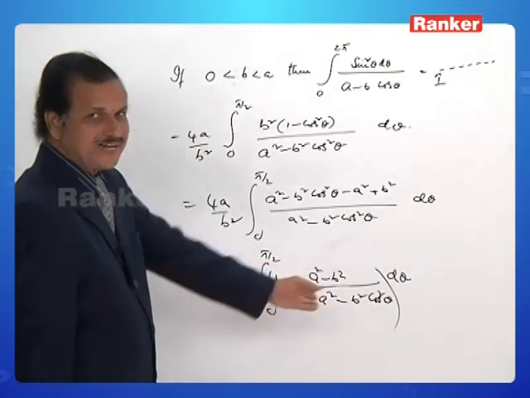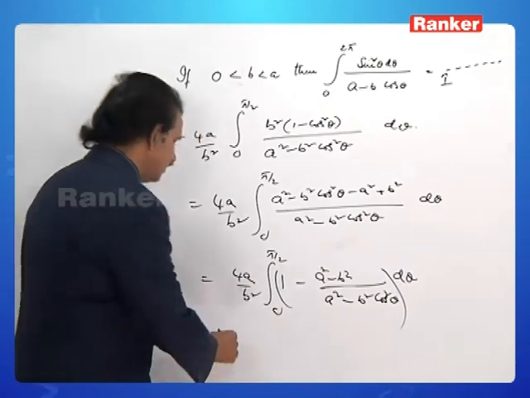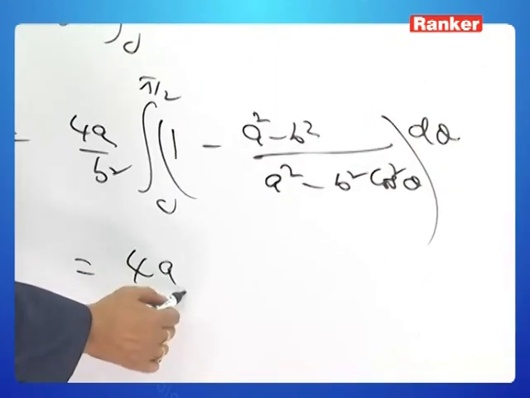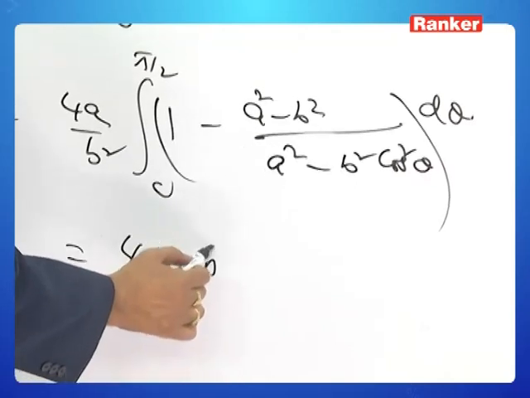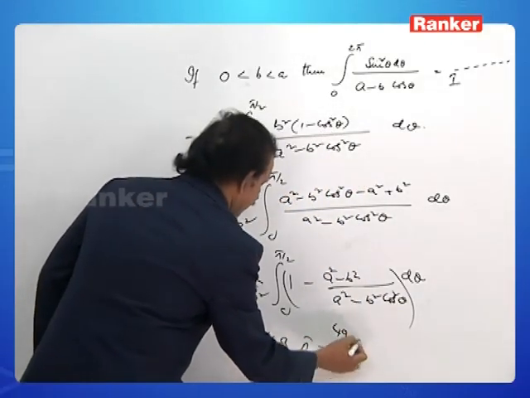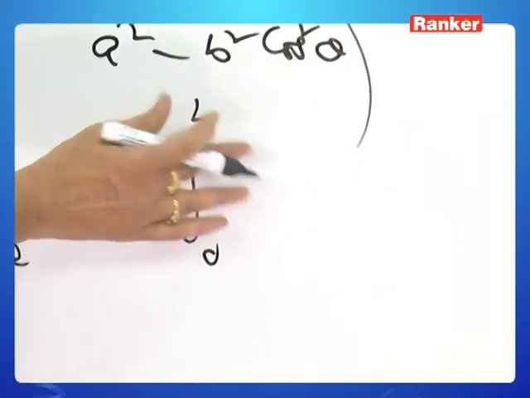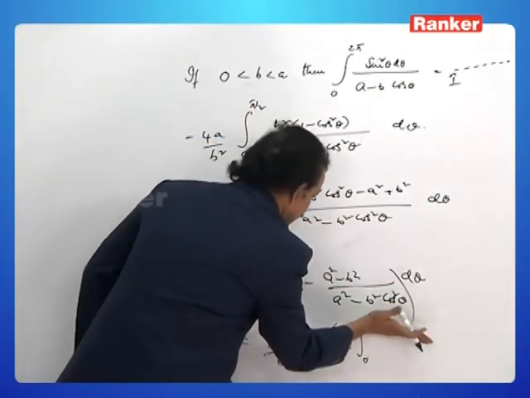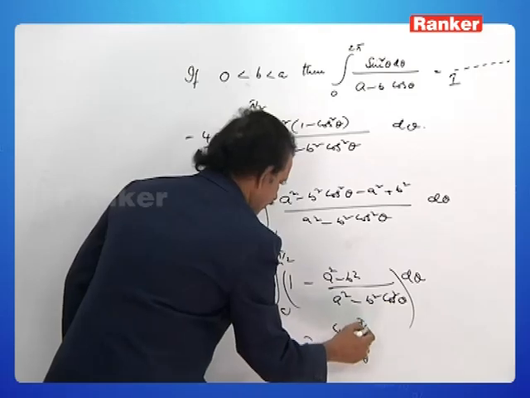The second part is the only one remaining here. So this is 4a by b square into pi by 2, minus 4a by b square into integral 0 to pi by 2.